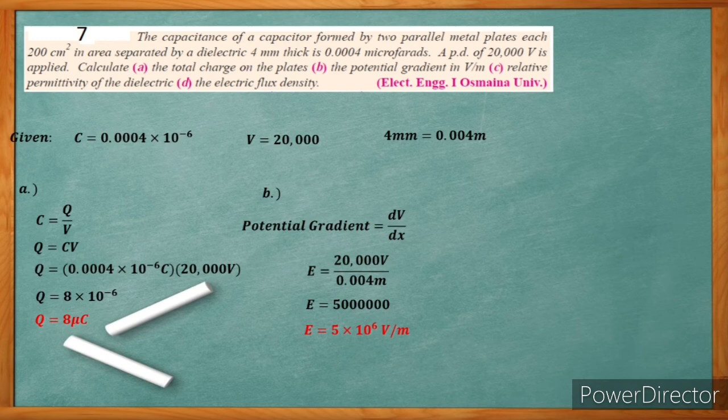And for letter C, the relative permittivity of the dielectric. We can get the relative permittivity of the dielectric using the electric flux density. So first, let's have the electric flux density.